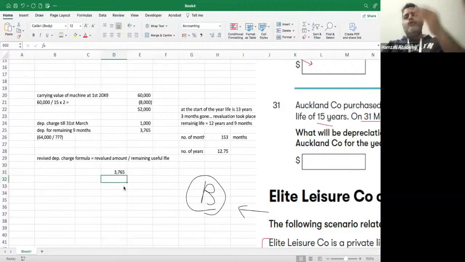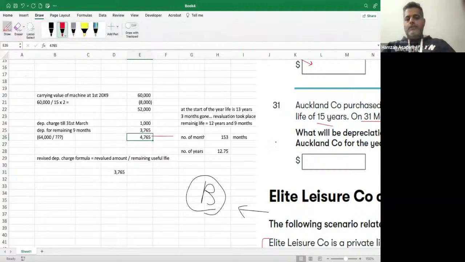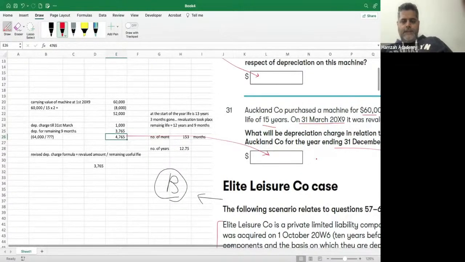So no matter you go for the months or the years, you have to go in one scale in order to calculate it, right? So if I do the total, that's going to be 4765, right? Okay, so 4765 is going to go over here. Done? I hope it's clear to you.